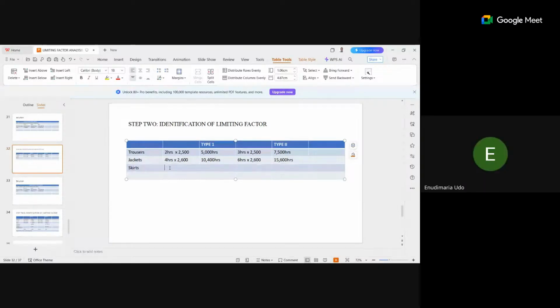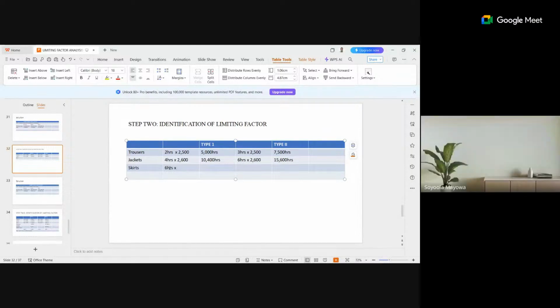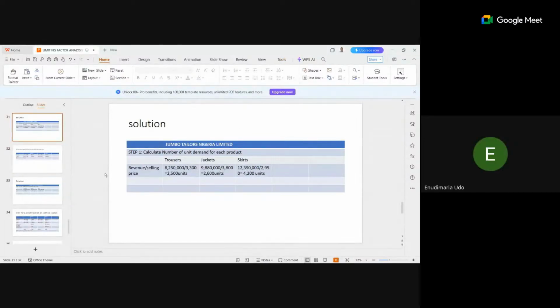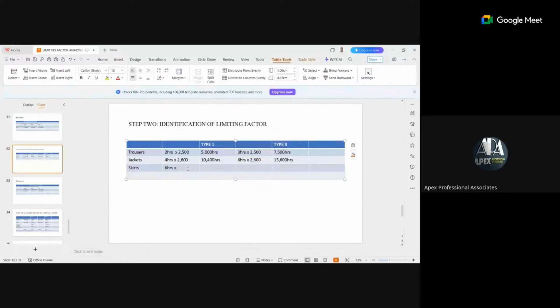Skirt units: 4,200 units. Multiply by 6: 25,200 hours.